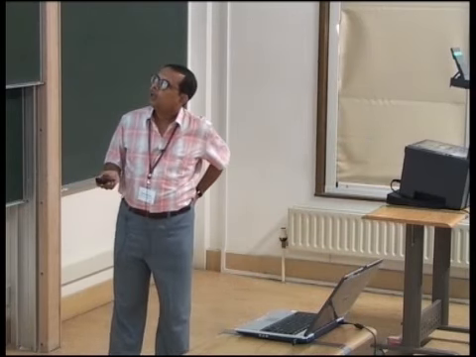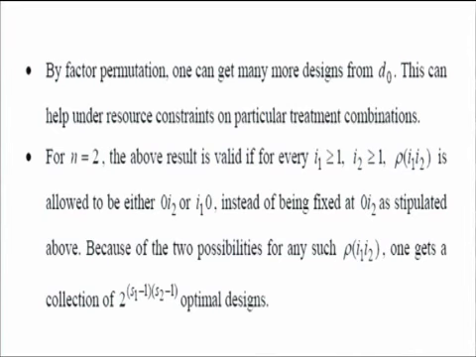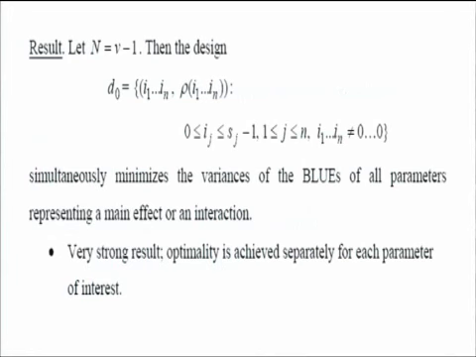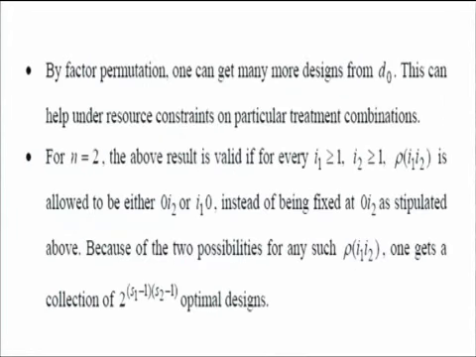And you can see, if you look at the definition of rho, this is asymmetric in the factors. So, the optimal design is non-unique. If I permute the factors, I can get more optimal designs, not just one, and this can be useful under resource constraints. By factor permutation, one can get many more designs, and for n equal to 2, actually there is a broader class of optimal designs.